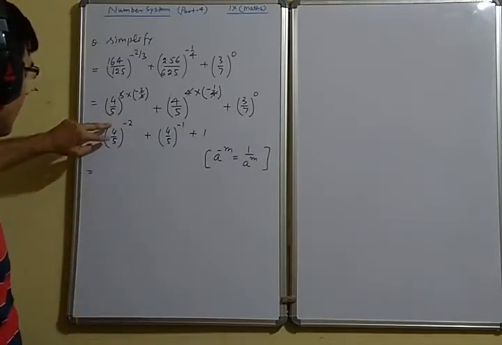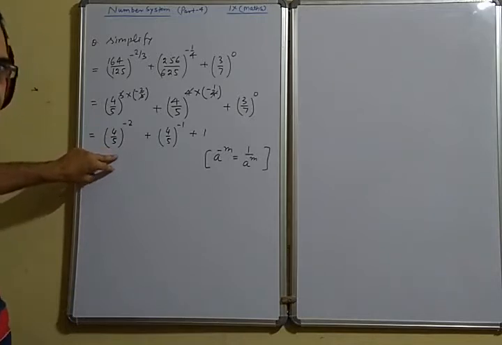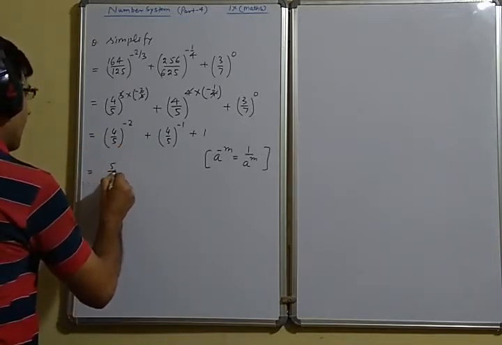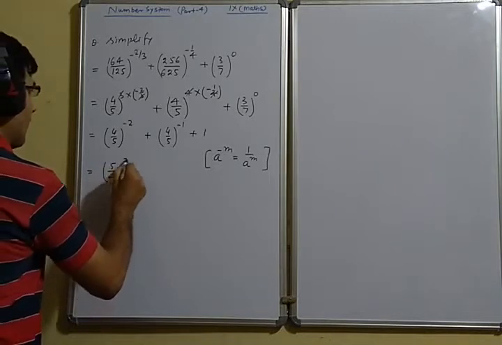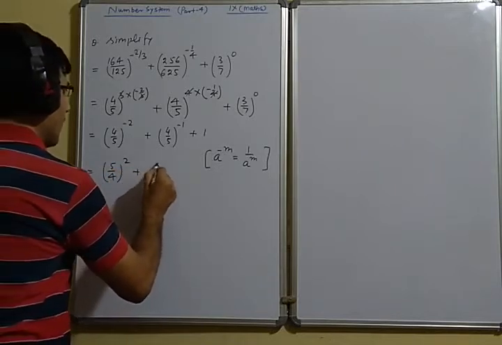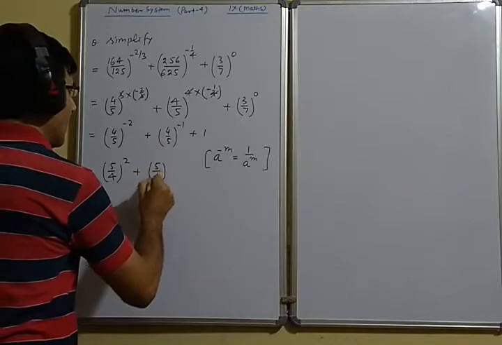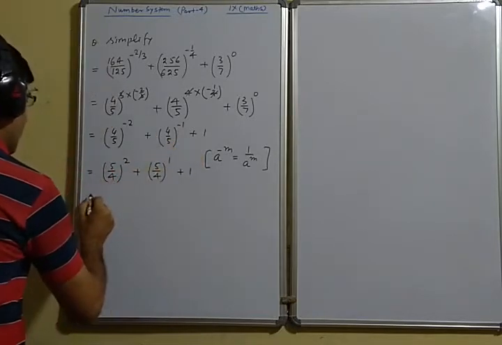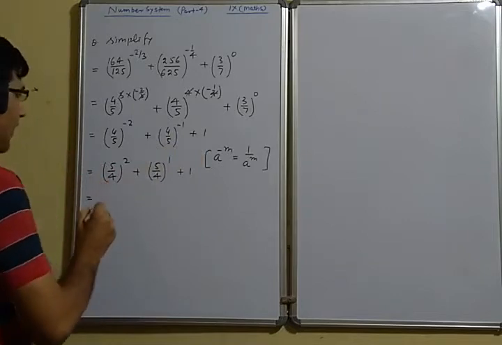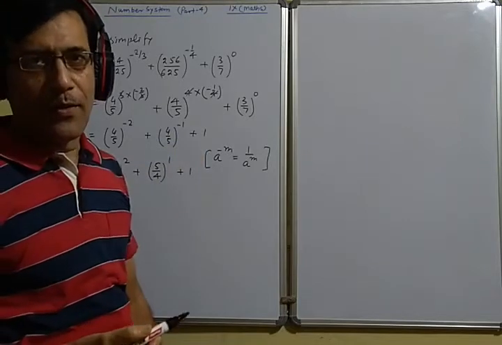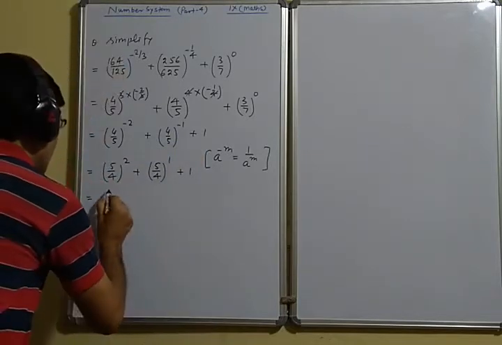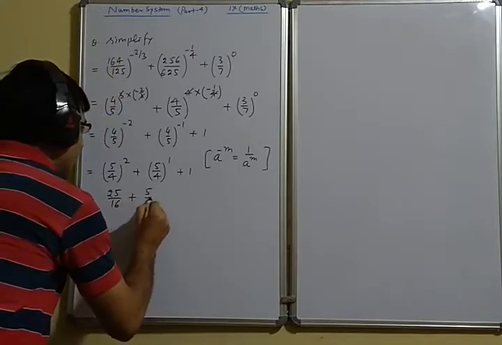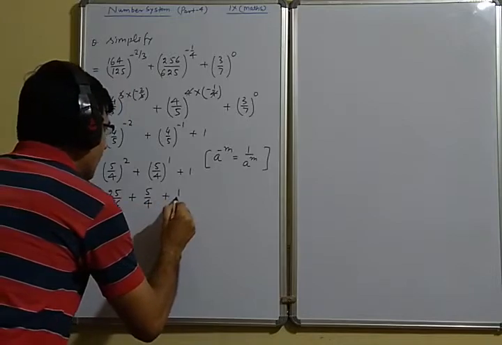If it goes in the denominator, it becomes reversed. So we can write it as 5 by 4 raised to power 2 plus 5 by 4 raised to power 1 plus 1. 5 by 4 raised to power 2 becomes 25 by 16, plus 5 by 4, plus 1.